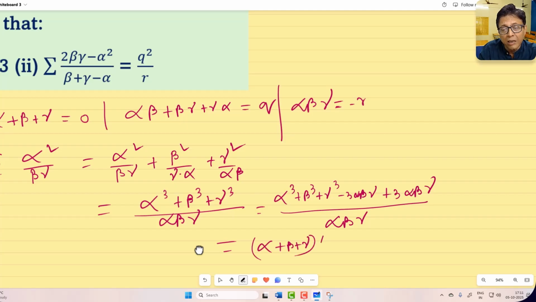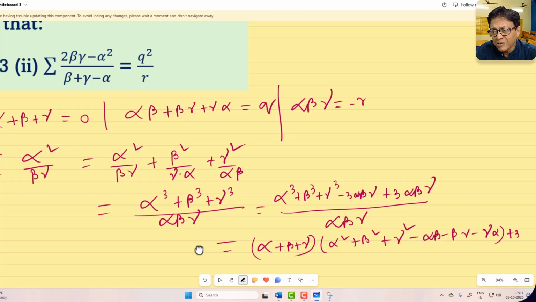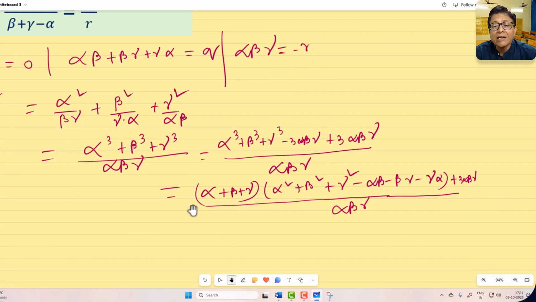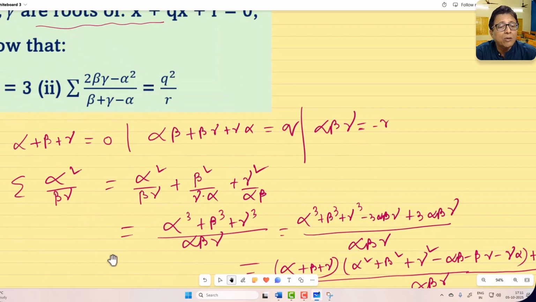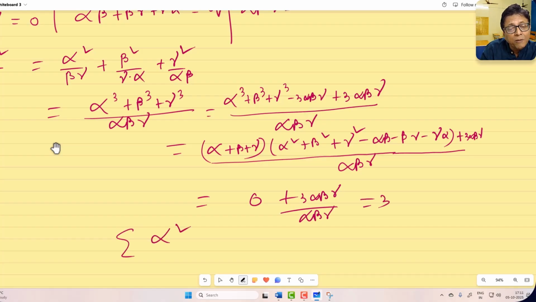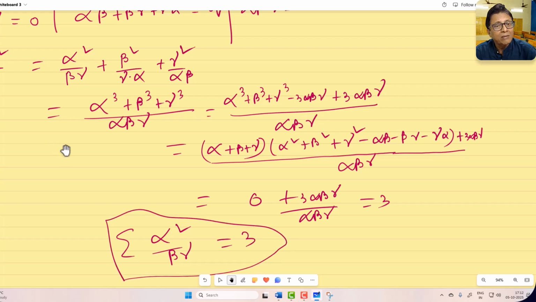Alpha plus beta plus gamma, alpha square, beta square, gamma square, you know it, plus, and that divided by alpha beta gamma. Now this thing, alpha plus beta plus gamma, you see, this is equal to 0. Just put it there. 0 plus by alpha beta gamma. So first part, sigma alpha square by beta gamma, you got equal to 3. Clear?